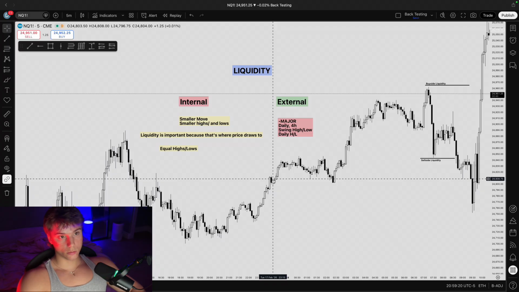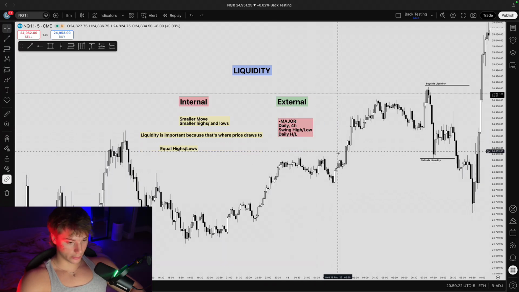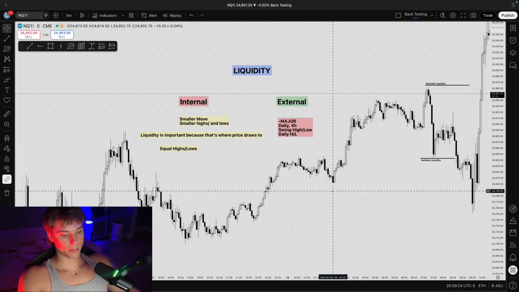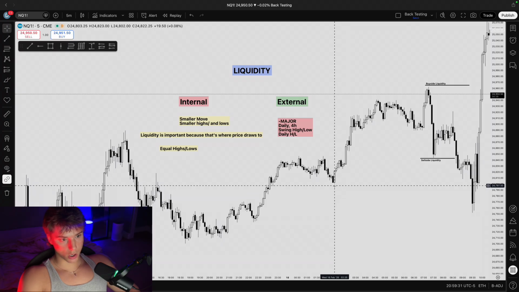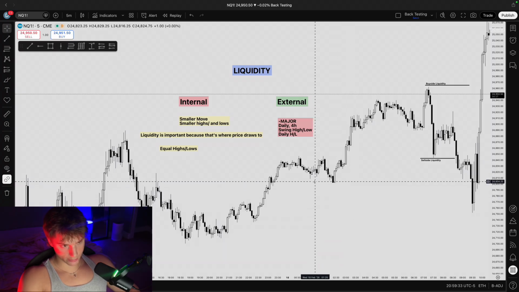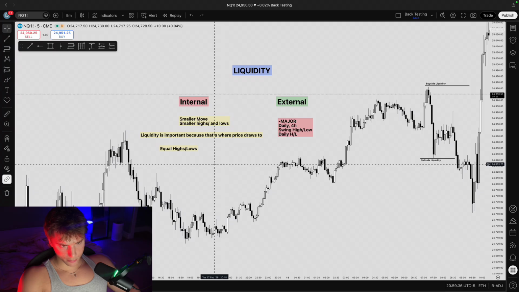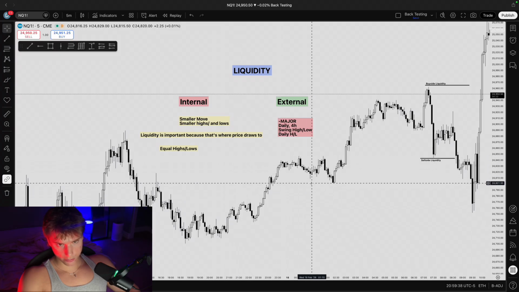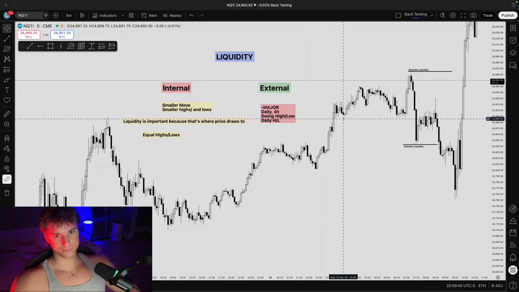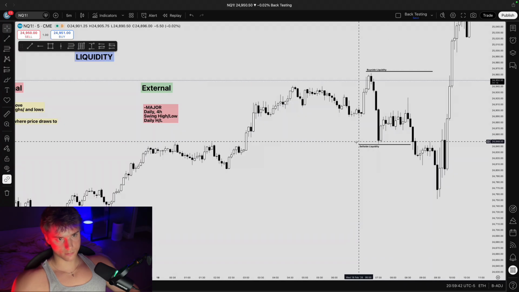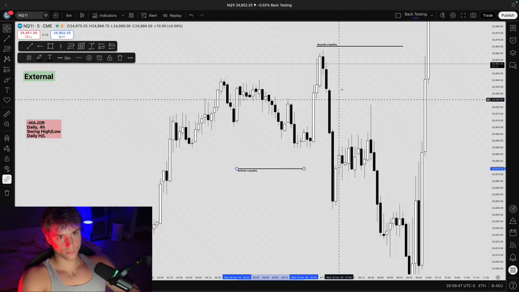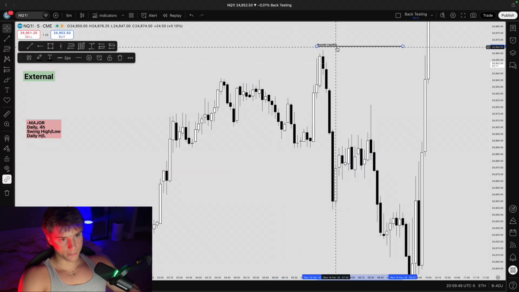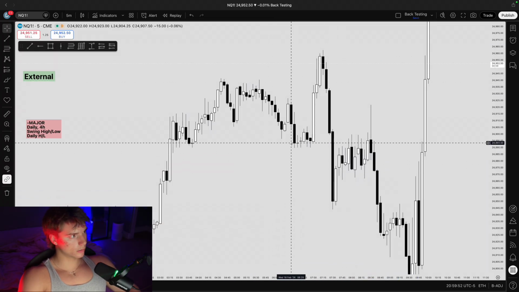So if you remember what I was talking about before, in a different video, when I was talking about swing highs and swing lows, it's going to be when the lows of two swing lows are identical or near identical. Let me find right here. Okay. So as we can see, this is a low.